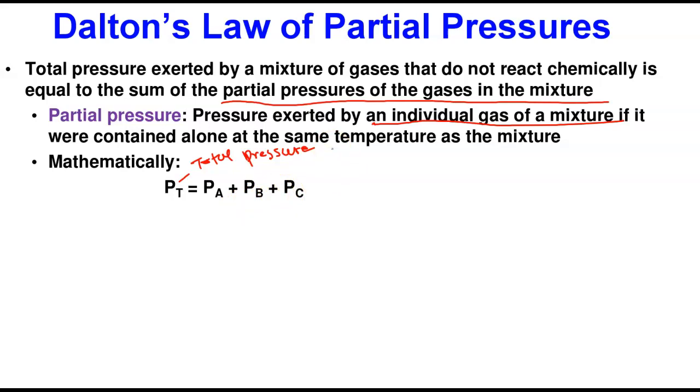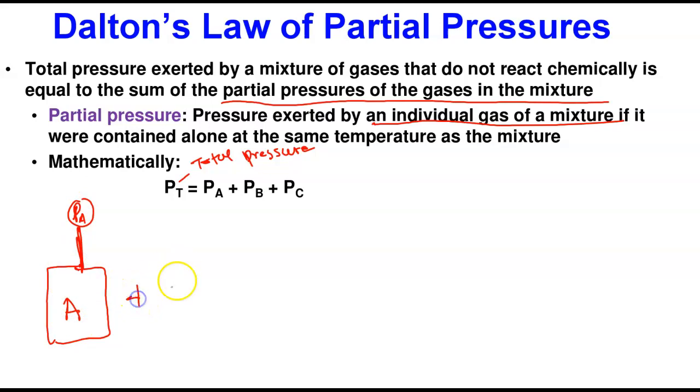The law is trying to say that if you have a mixture of gases, let's say this is gas A. This is the pressure of gas A. If this is gas A alone, gas A alone has a partial pressure of PA.